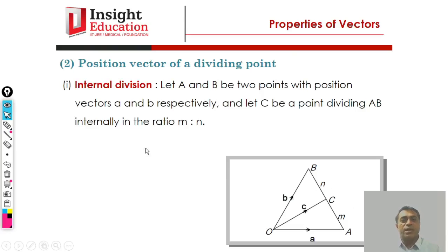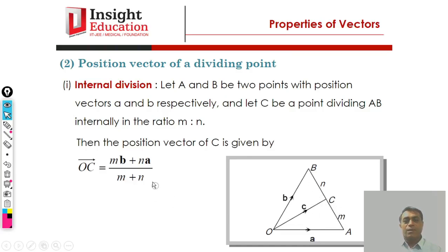Okay, so internally AB divided in the ratio of M is to N. So the equation is, in case of straight line, MB plus NA divided by M plus N. So OC is equal to MB, but here B is not magnitude, it's a vector, plus NA, A is the vector, divided by M plus N. So M and N both are scalar. So you can find position vector OC by using this formula.